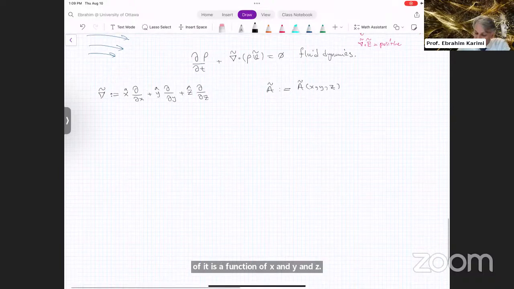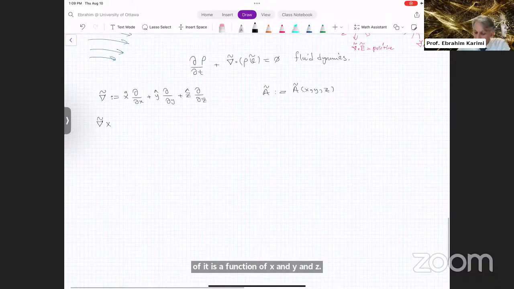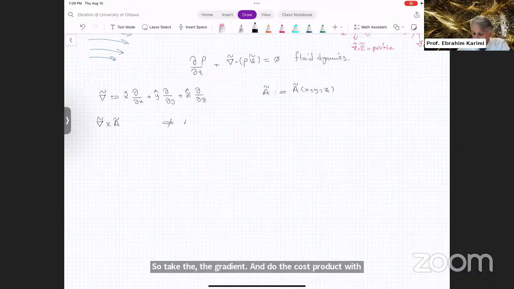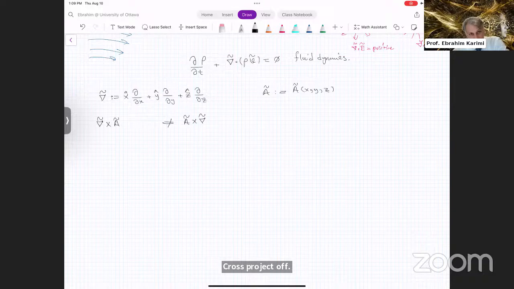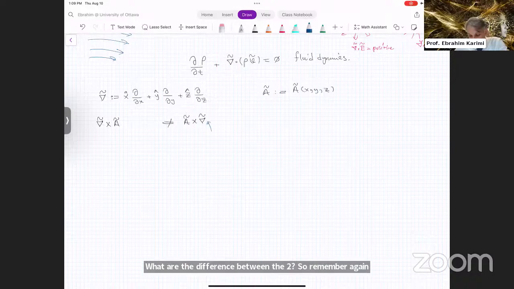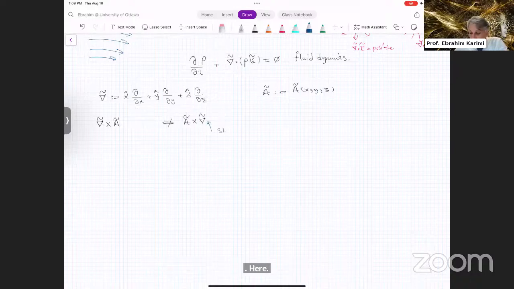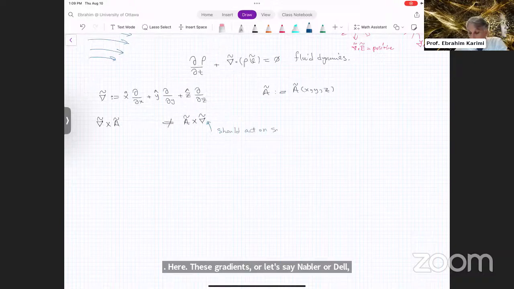So take the gradient and do the cross product with A. Again, remember, this is not identical to the cross product of A with del. These two are different. What is the difference between the two? Remember, here the gradient, or nabla, or del, should act on something.